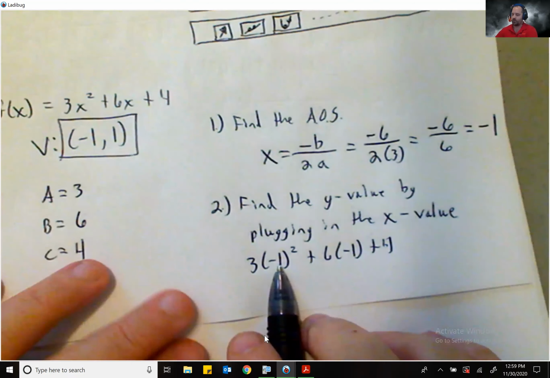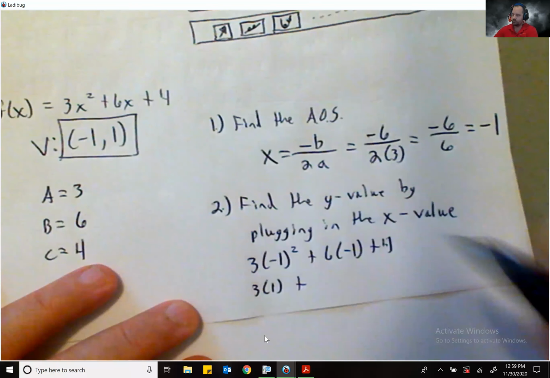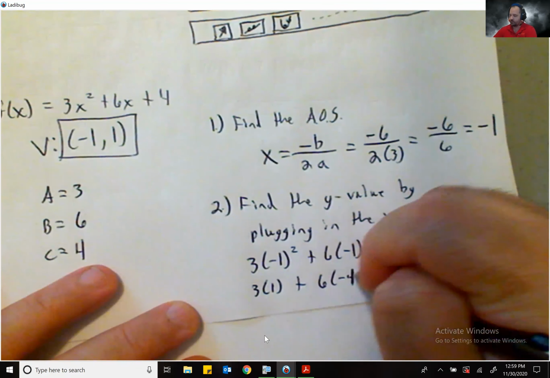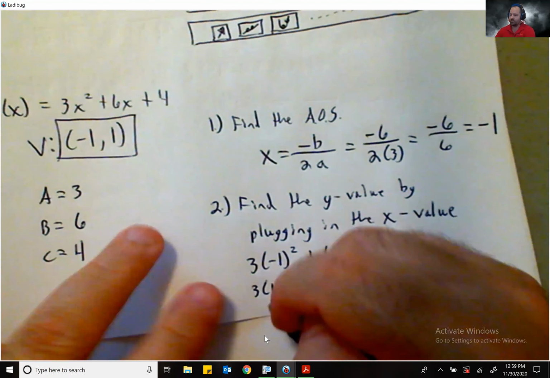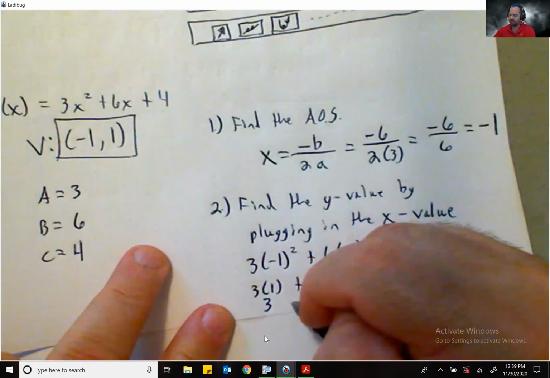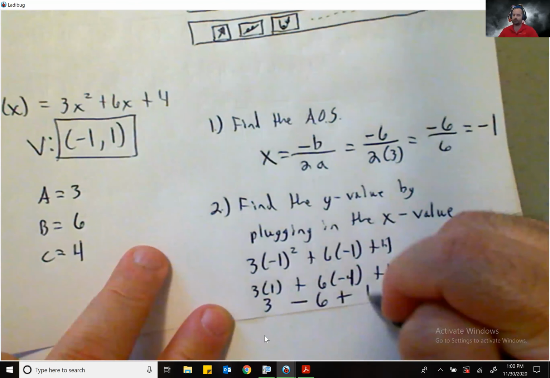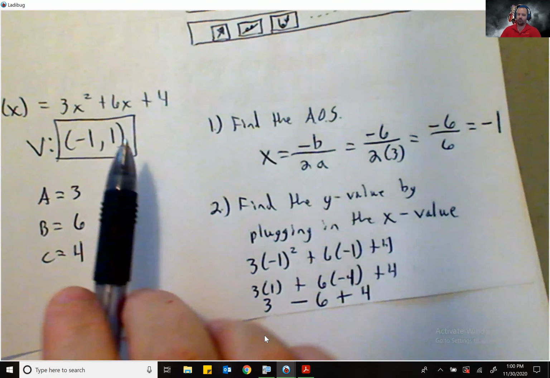So negative 1 squared is 1. And that gives us 3 minus 6 plus 4, which in the end ends up being the positive 1.